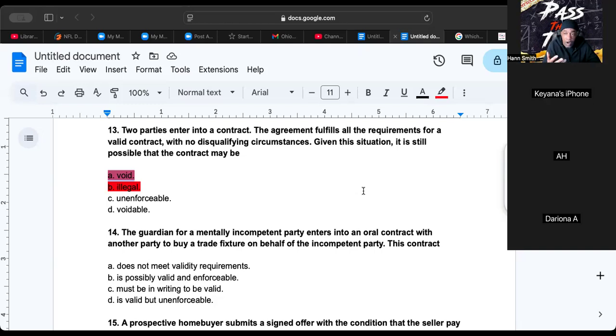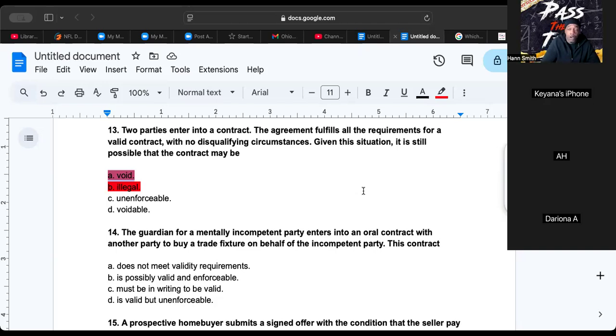And so hopefully when you're posed with something like this, you go through the steps. What is a valid contract? A valid contract is one that meets the four tenets: mutual assent, competent parties, consideration, legal purpose. Boom. We got a valid contract. Now what's next? We need the contract to be enforceable. The contract is going to be enforceable if it's in writing. If it's not, we can still have a valid contract, but it's unenforceable.